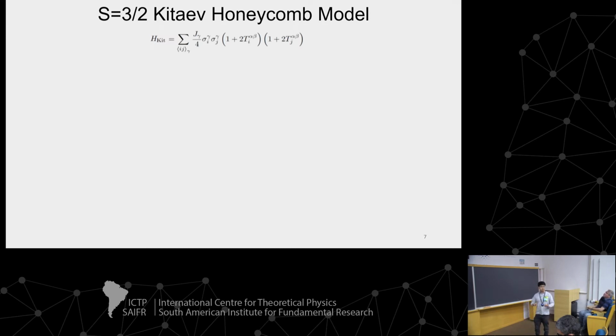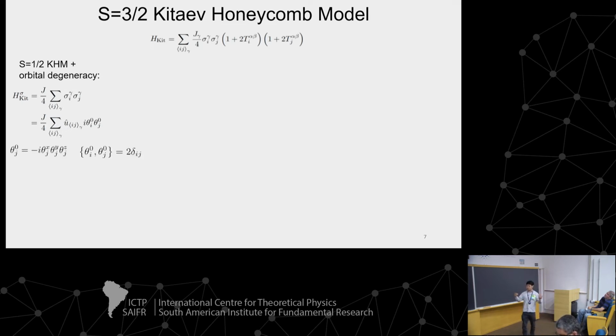Okay, it's very useful to split your Kitaev model into 3 parts for analysis and understanding. The first part is the Kitaev honeycomb model for spin 1/2, just with orbital degeneracy. The method of integration is exactly the same, but now this theta 0 is not exactly a Majorana fermion, but a product of 3 Majorana fermions.